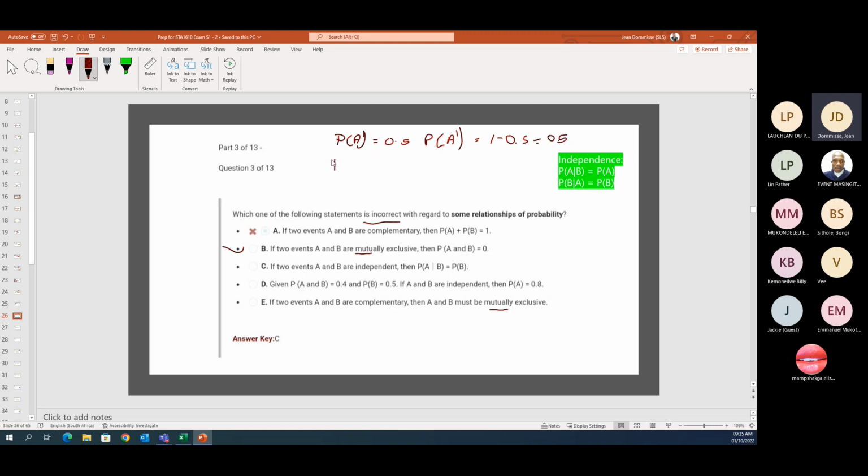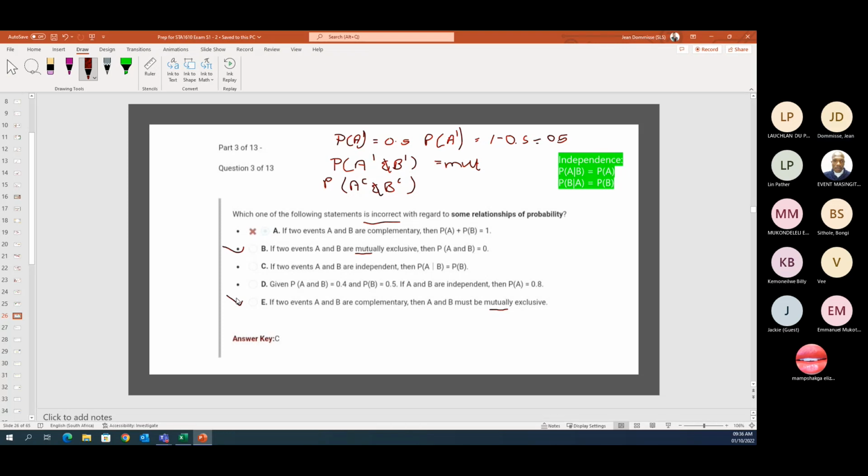So the rule is that if A and B are complementary, and you can write it like that, or you can write it with the C that is also seen as complementary, then the two events, the AND, will also be mutually exclusive. Okay, and you can go and test it out, but that is the rule.